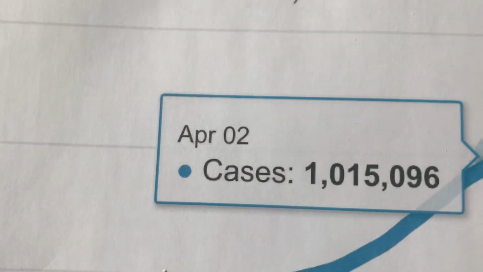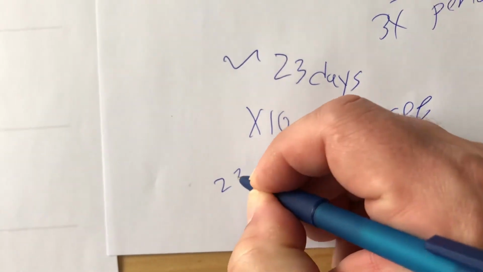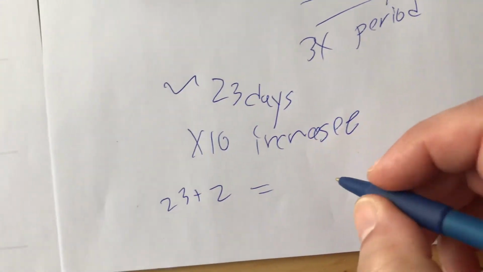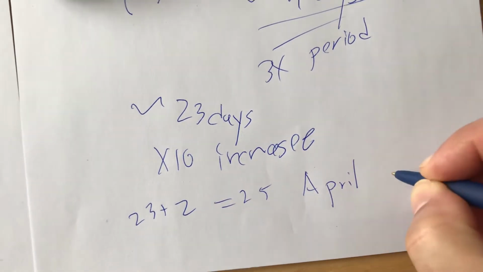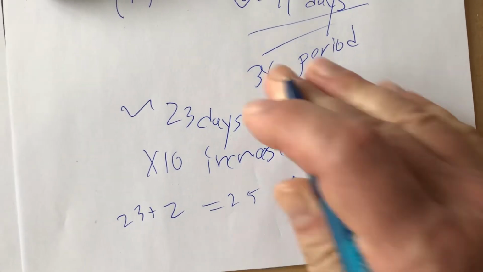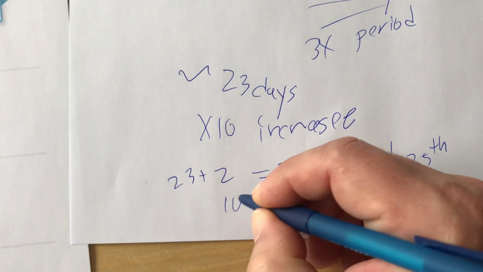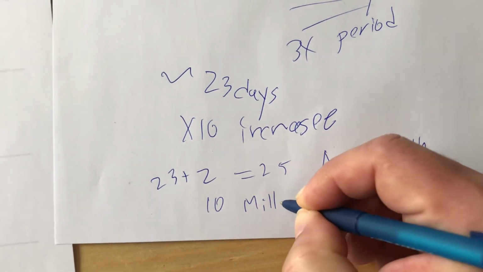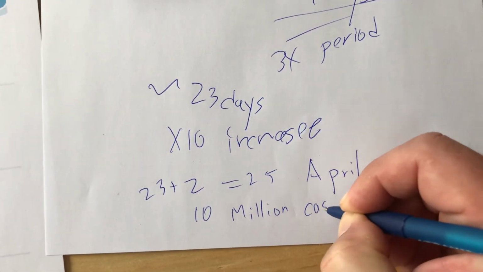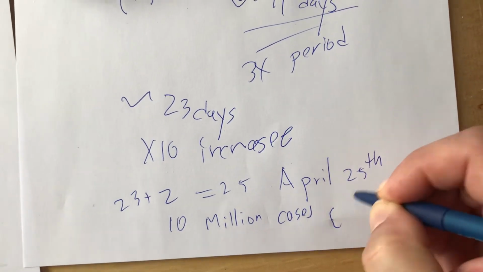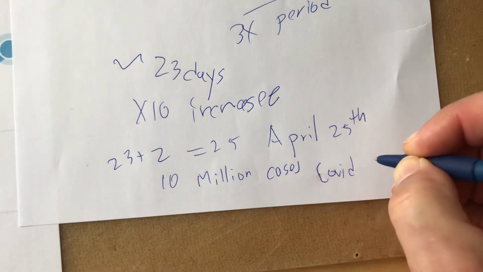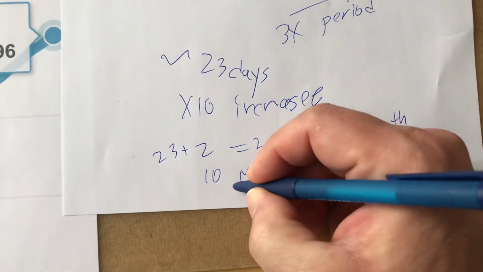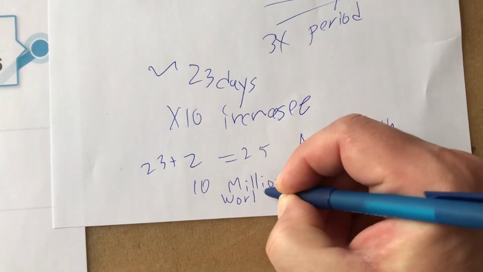So here we have April 2nd, day 23 plus 2. That's saying April 25th, 10 million cases of COVID-19 worldwide.